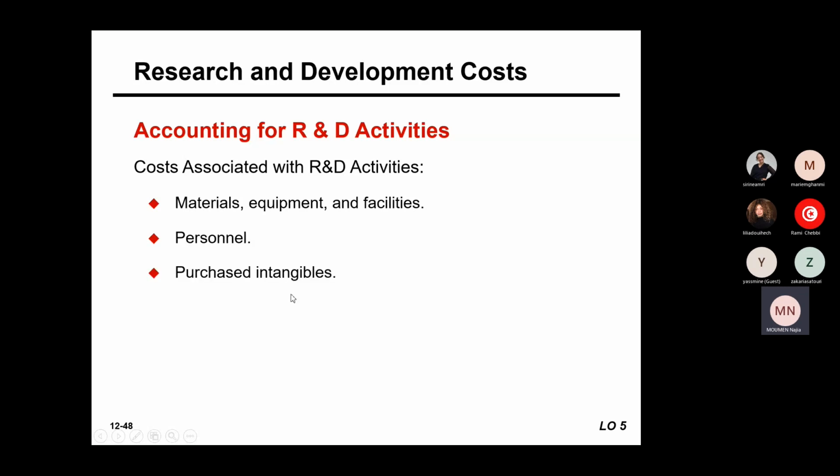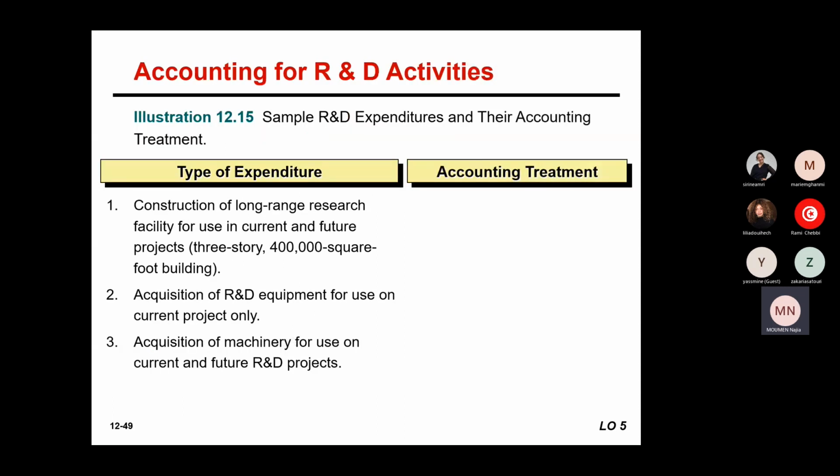We can also purchase intangibles in the process of these research and development activities. We can have any contract services with a third party, it can be a third-party business or person, etc. We can also incur any other indirect costs. And here we'll see that some of these expenditures, what will be their accounting treatment.